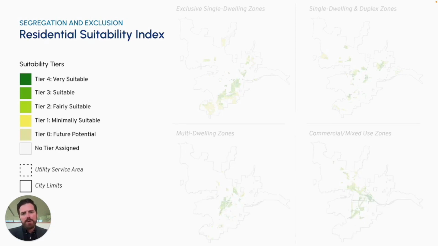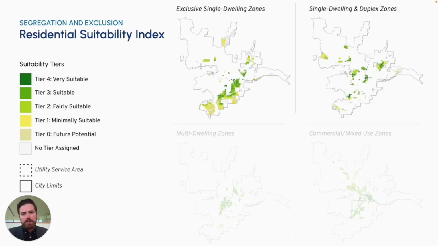Yet there are many neighborhoods in the city that could offer relatively high levels of livability and support public health, but they're only accessible to families who can afford a single dwelling house. Allowing for a wider variety of housing types in these areas could enable lower income families to experience some of the quality of life and public health benefits of living in these neighborhoods.